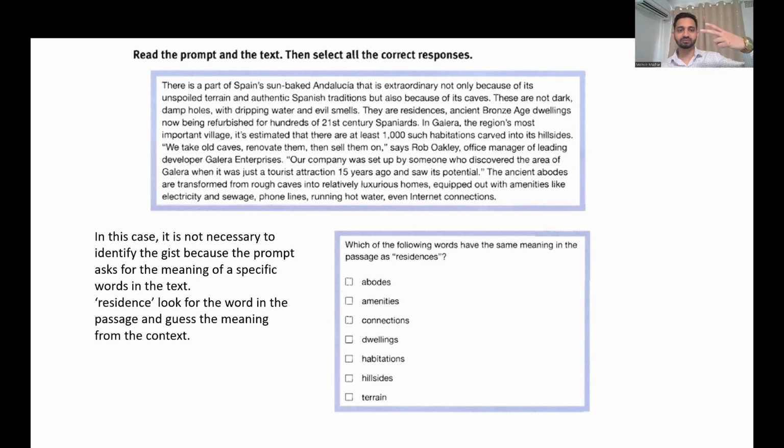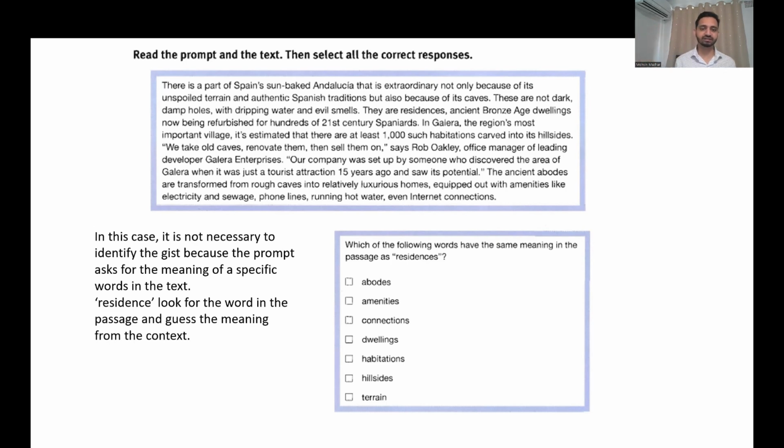Amenities, and what are amenities? They are the things that are used in the residences, not the residences itself, and it describes amenities as electricity, sewage, phone lines, running hot water, and internet connection. These are amenities, so they can't be residences. So you can eliminate that. And it also talks about connections like internet connections, so that can't be your residences.